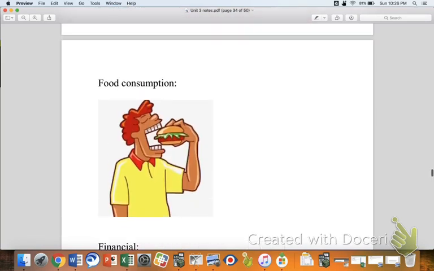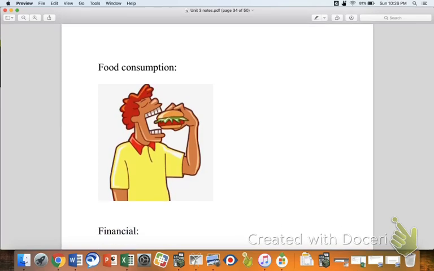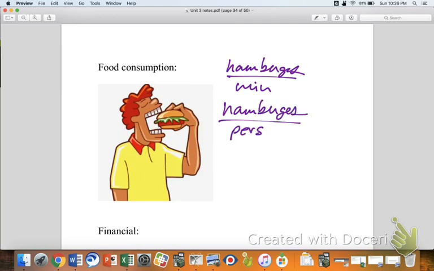It could be something like food consumption. It could be hamburgers per minute. Maybe somebody's eating a lot of hamburgers really fast. It could be hamburgers per person. It's a little bit of a different rate unit. No longer is it in terms of time.